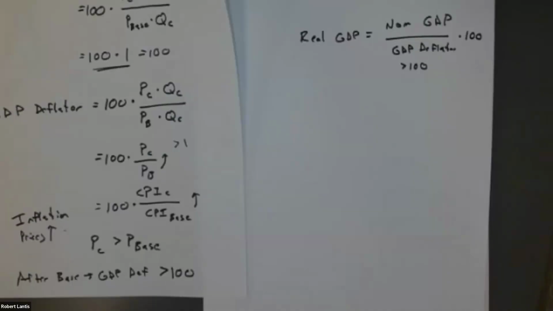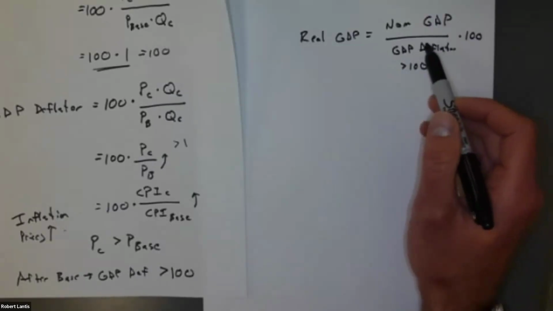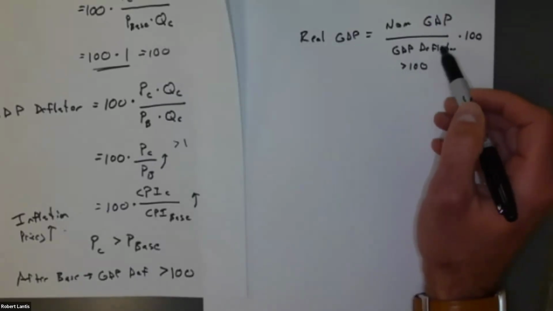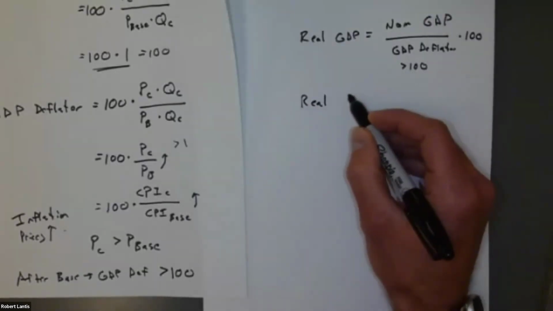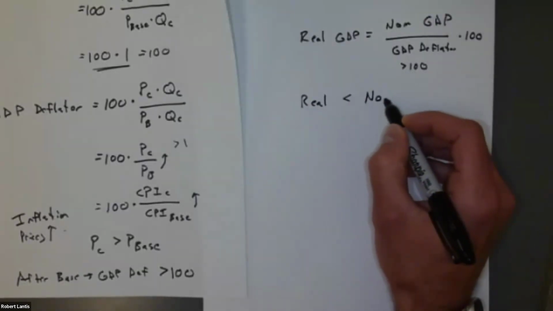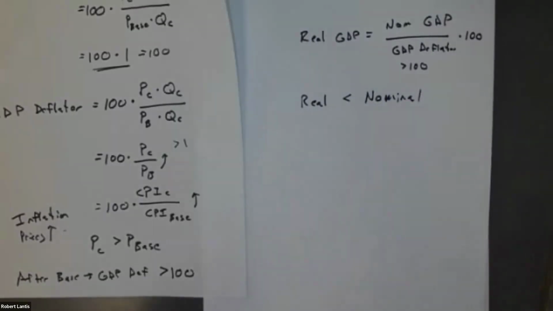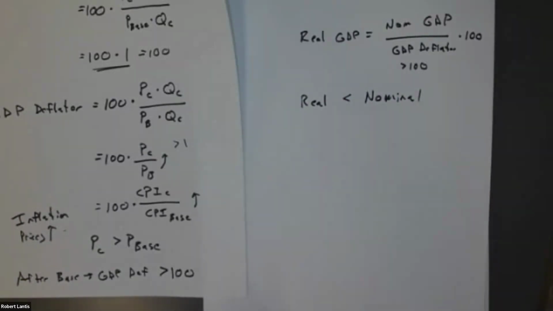So here, if this denominator is greater than 100, I'm multiplying by essentially a fraction that's less than 1. What's going to be true is my real GDP will be less than my nominal GDP. So any time period I'm looking at past the base year, if I have inflation, my real GDP will be less than my nominal GDP.